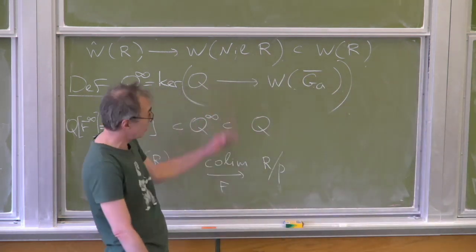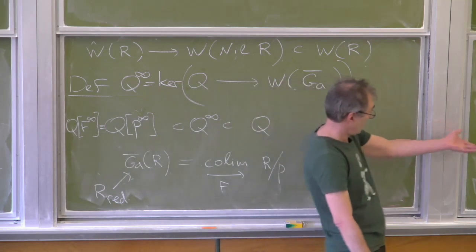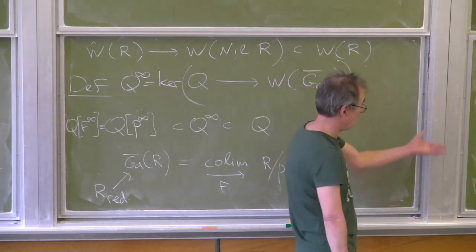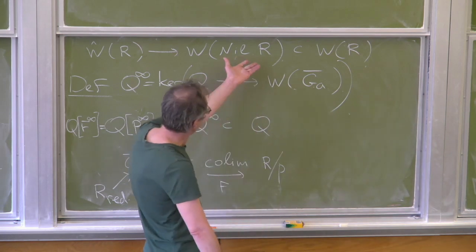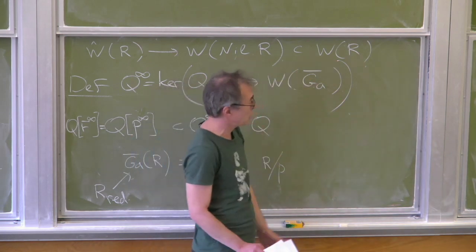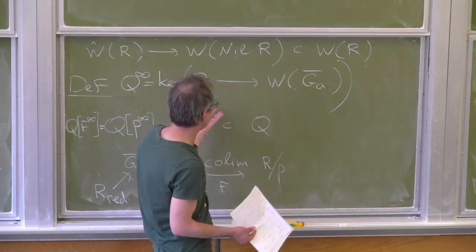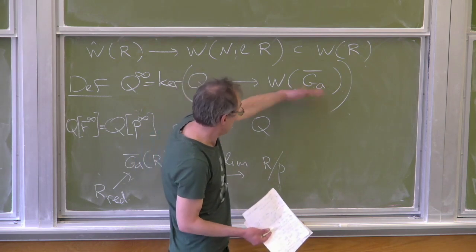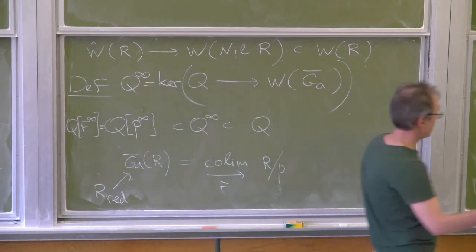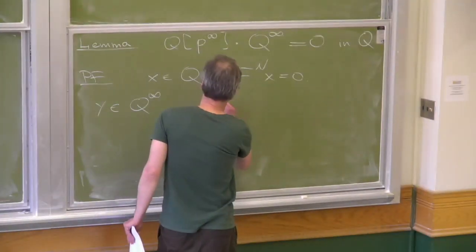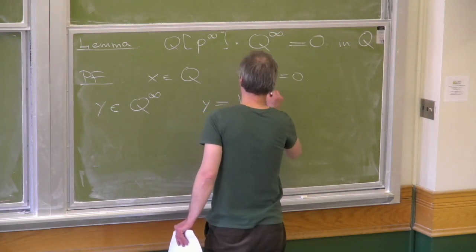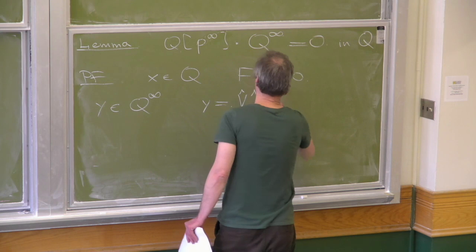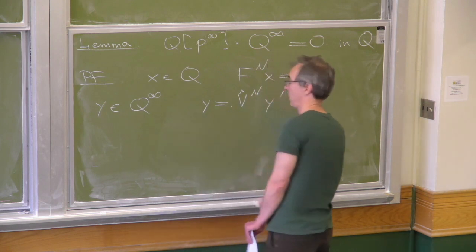Well, in particular, I can write it locally as a Witt vector whose coordinates are all nilpotent. So then I can write y as Verschiebung of some y prime.